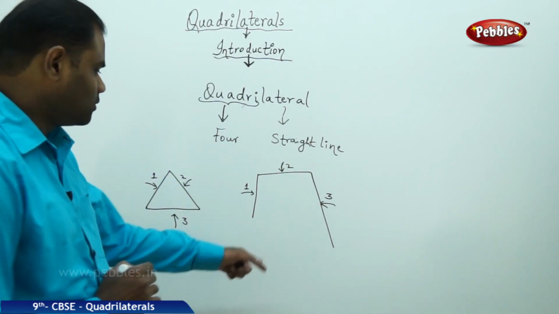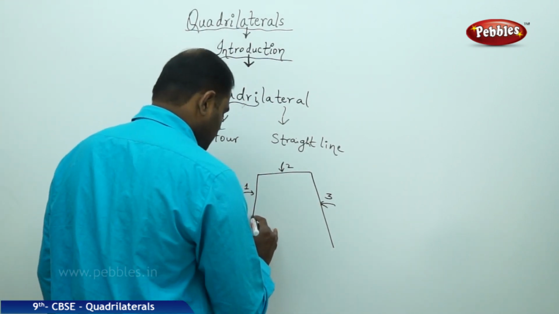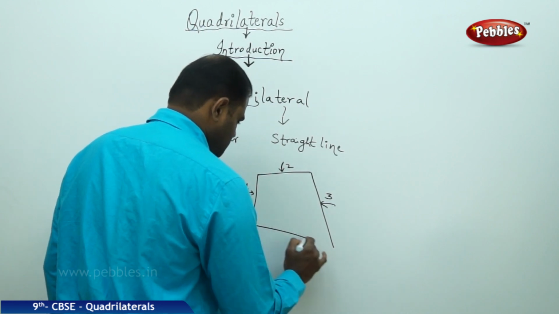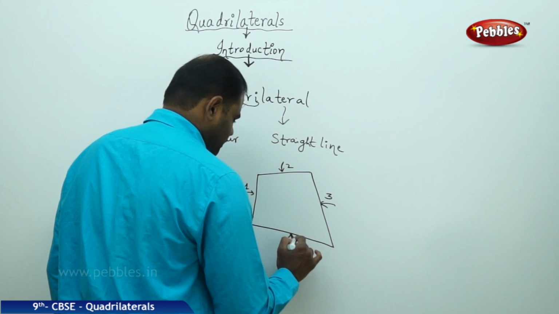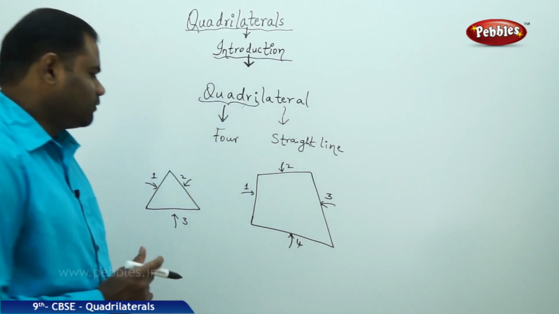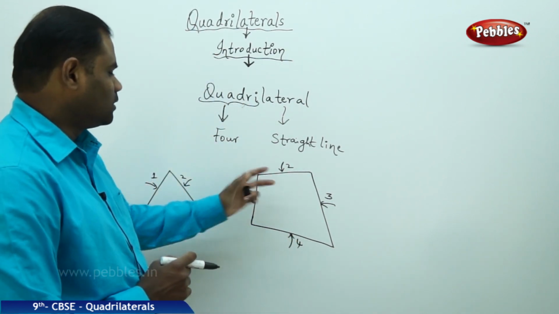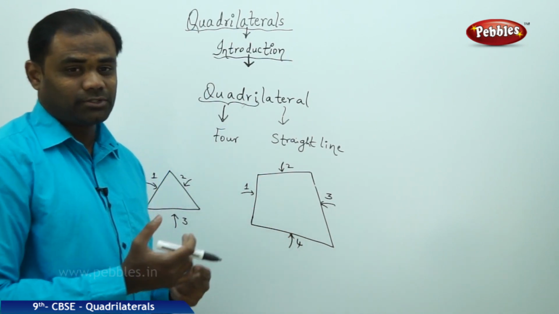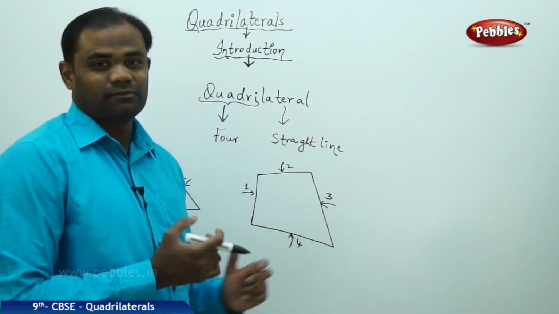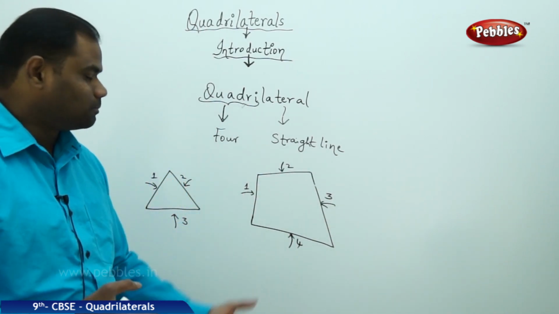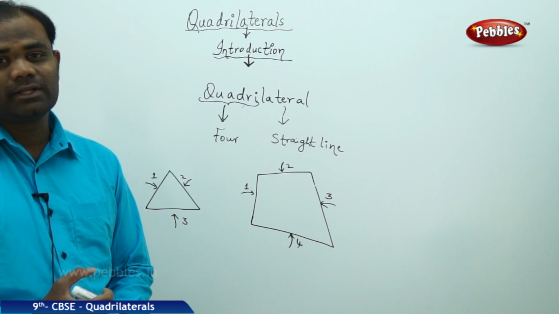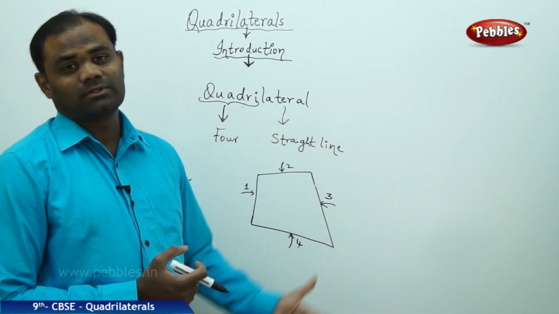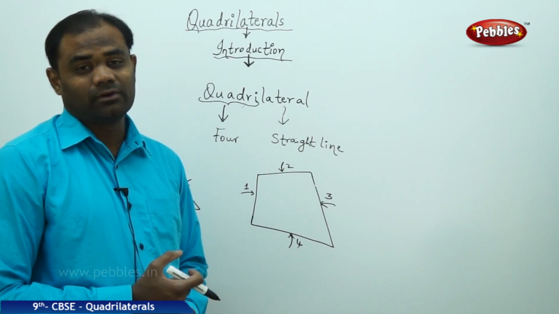Then I take the fourth line and join it here. So here my fourth line is joined. Therefore, line 1, line 2, line 3, and line 4 are joined together to form a closed figure. Such a figure obtained is called a quadrilateral. A figure formed by four straight lines is called a quadrilateral.